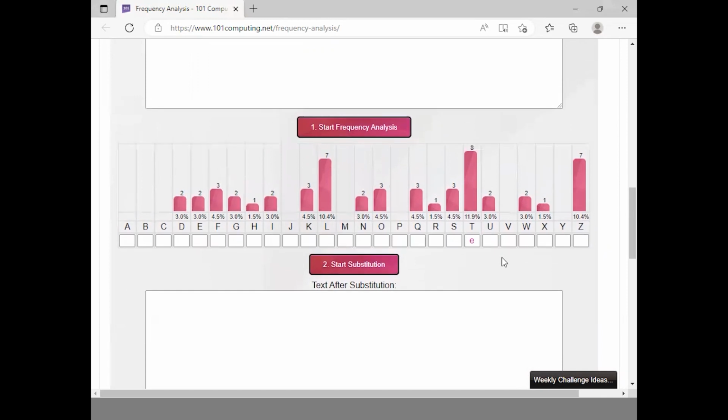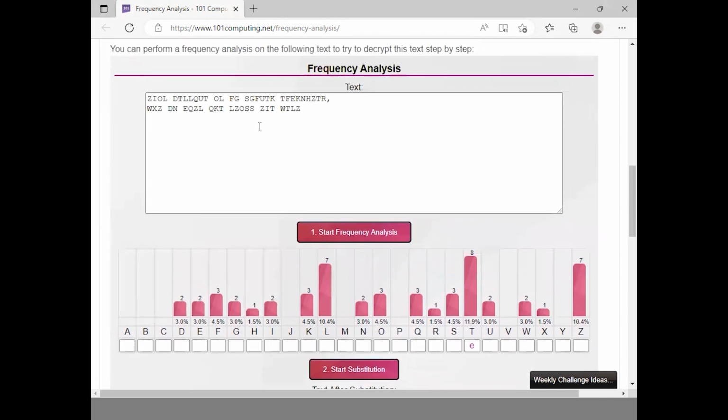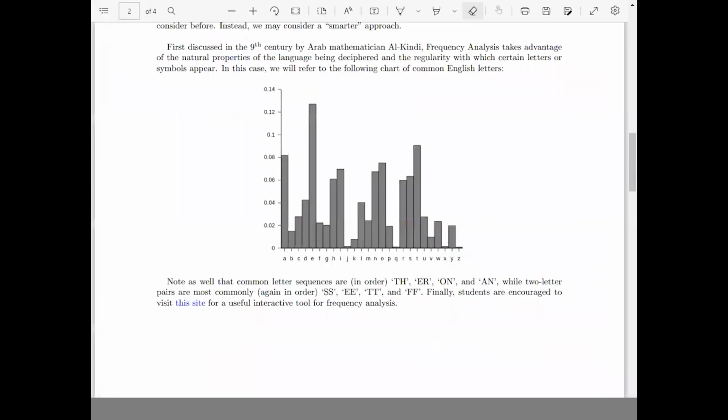Additionally, L and Z both appear the second most frequently at 7. However, we can notice that there's a pair of L's in this word right here. And when we consult our frequency analysis chart, we can see that it's pretty common that those letters that appear one after another are probably most frequently SS.